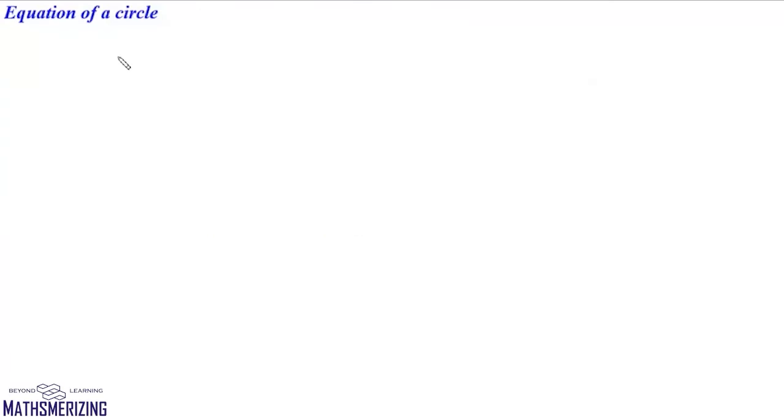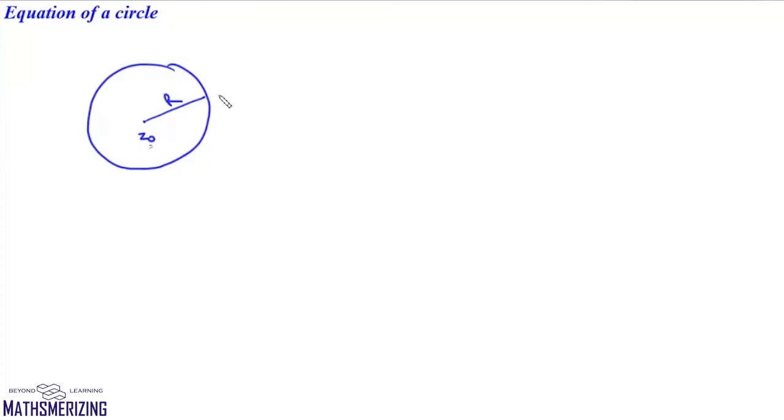Now the next one is equation of a circle. Definition of a circle is locus of all the points which are equidistant from a given fixed point. So suppose the fixed point is center of the circle, and it is at z0, and the fixed distance is radius r. So we have to write equation of a circle whose center is z0 and whose radius is r.